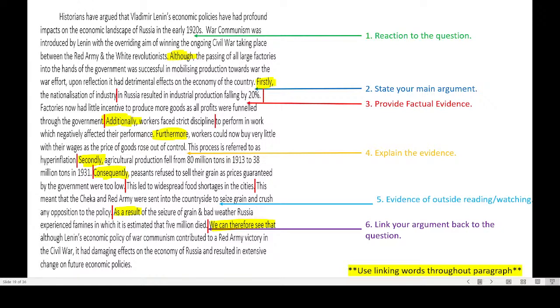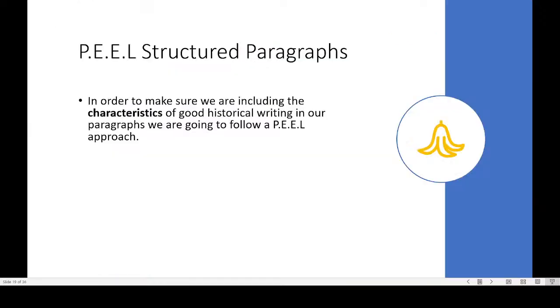I'm going to show you how we include those words with our structure, our PEEL structure to our paragraphs. So PEEL structured paragraphs is, I'll say, the formula that I get my students to use that helps support them with good historical writing. So in order to make sure that we're including the characteristics of good historical writing, we're going to follow a PEEL approach to every single paragraph.